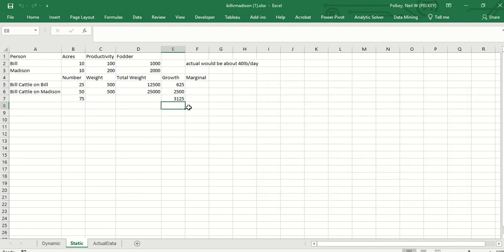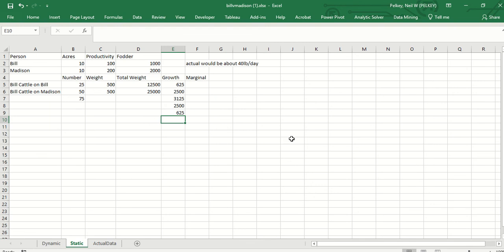And remember, our original solution was 2,500, and so if we subtract the two of those, society gets 625 better pounds of beef off by Bill cheating Madison, and society could have paid her the difference, and they both would be better off.